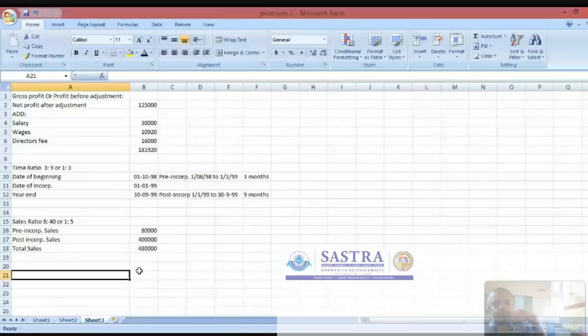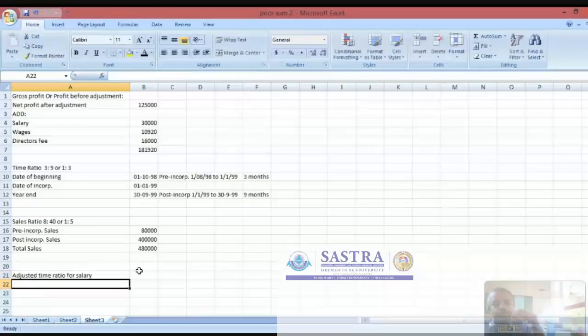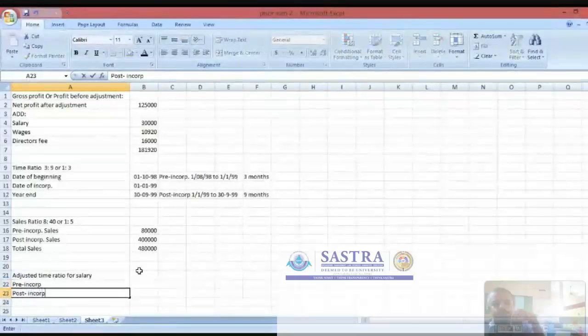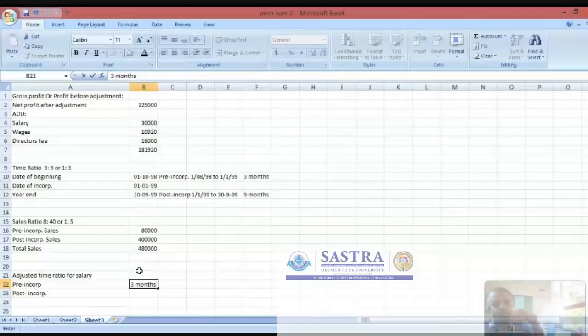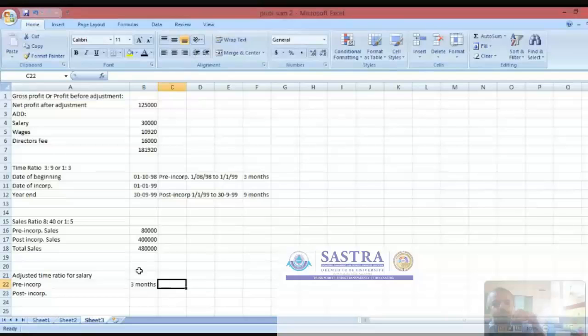So for salary, the adjusted time ratio: pre-incorporation period is 3 months with 4 employees.